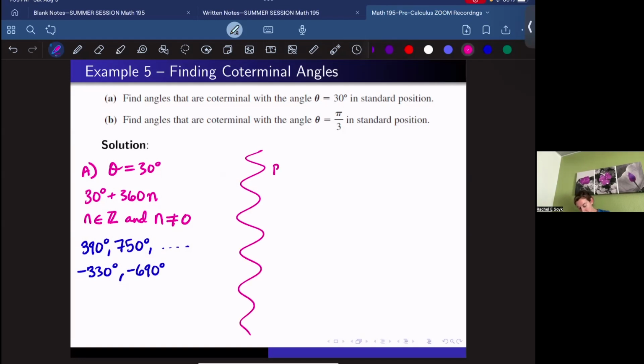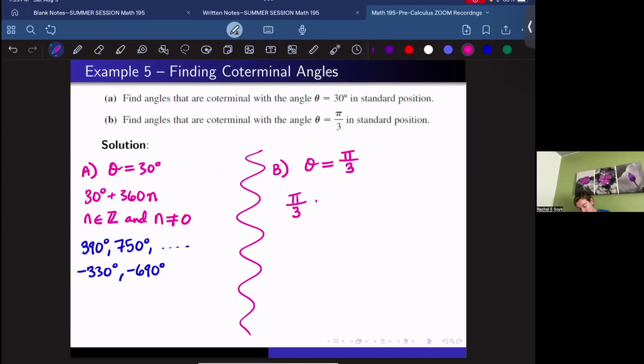Part B is just looking at it from a radian standpoint, but we're also dealing with a different angle. We have pi/3, which is actually just 60 degrees. And so how do we figure out coterminal angles? Now we're going to add multiples of 2 pi or subtract multiples of 2 pi.